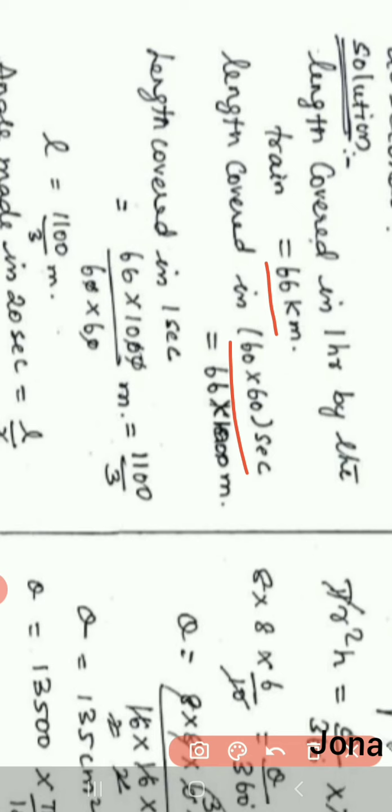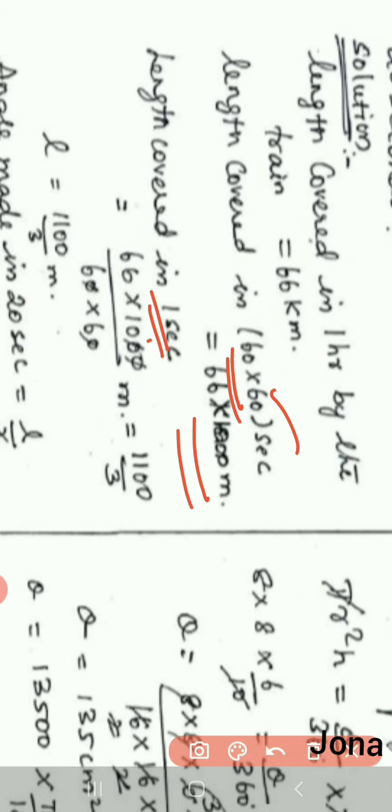Sorry, that is 66 into 1000 meter. That 1000 meter is given in the problem itself. So we can have 66 into 1000 meter. We want to find the length covered in 1 second. Here 60 into 60 seconds is nothing but 1 hour.